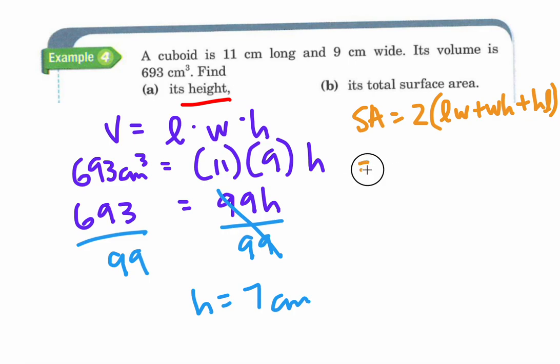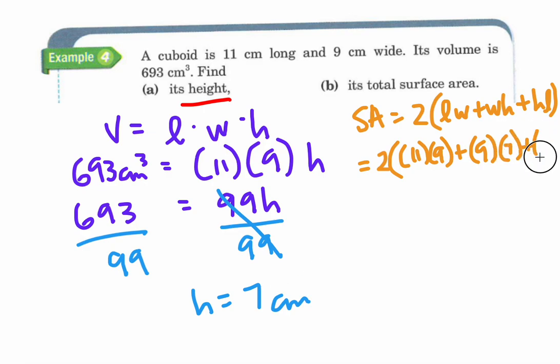Okay. 2 times, let's see, length is 11 times my width is 9, plus my width is 9 times my height we got was 7, plus height was 7. I'm running out of room. Let me write a little smaller so that we can get all that in there.